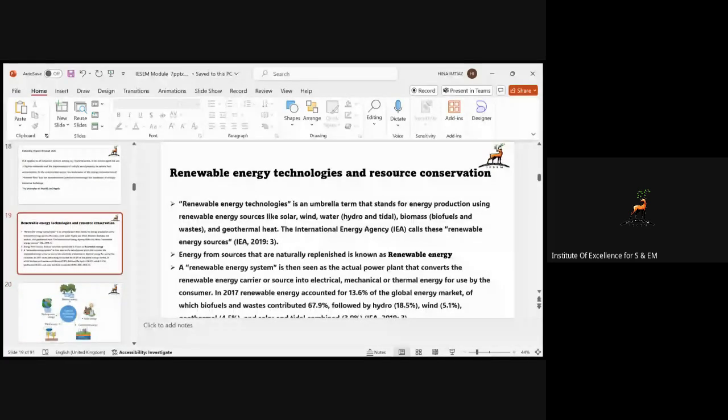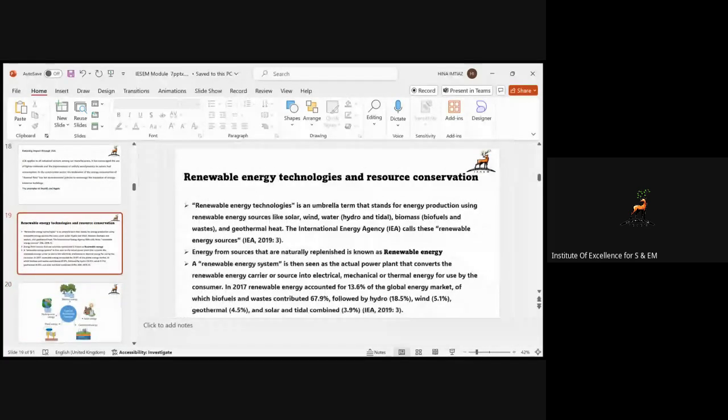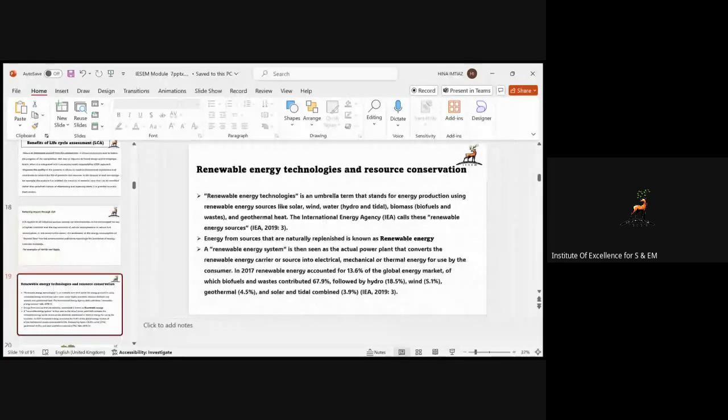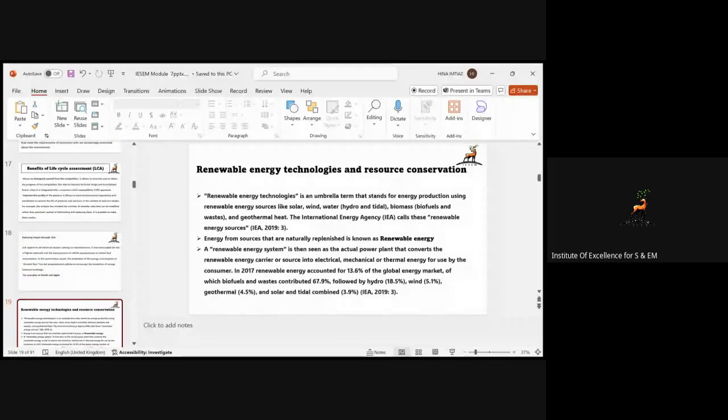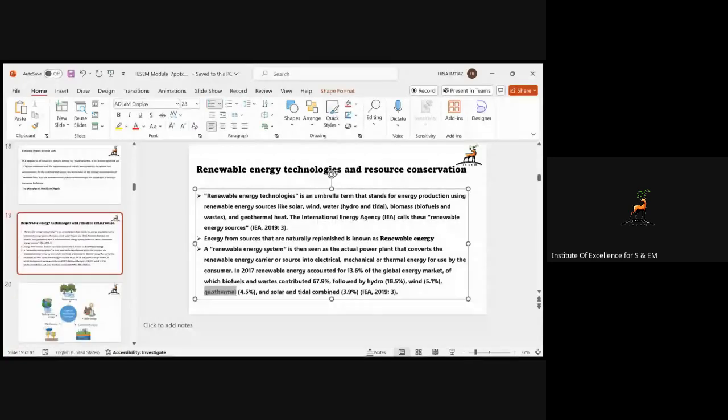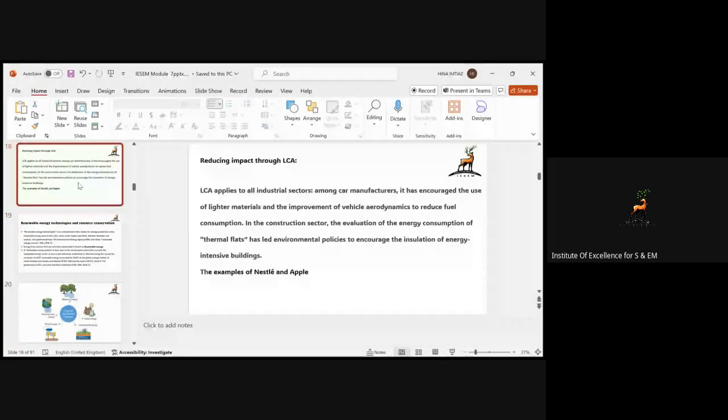Okay, so this is the LCA that we use to assess the manufacturing process, and we have to do certain compulsory steps to improve the process, so that at the end you can say that, all right, the life cycle assessment process is successful for Nestle and for Apple as well.